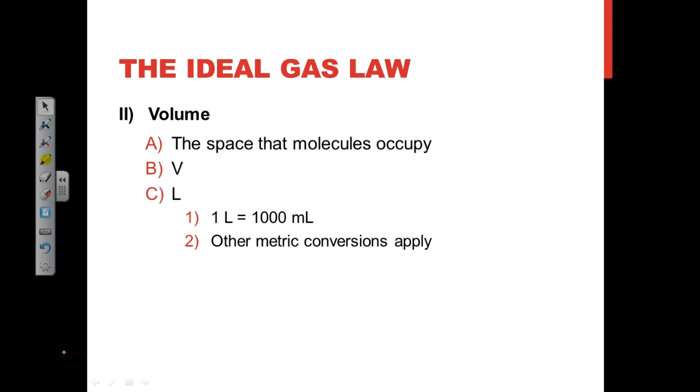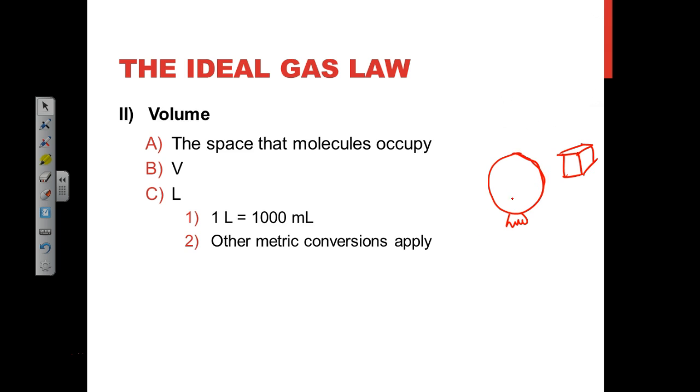So volume is the space that molecules occupy. Now, I get it that a lot of you have probably taken math class, and you probably know that objects have a volume. You take the length, width, height, and multiply if it's a cube. For gases, we put gases in balloons, so you can find the volume of a sphere, 4/3 pi r cubed.